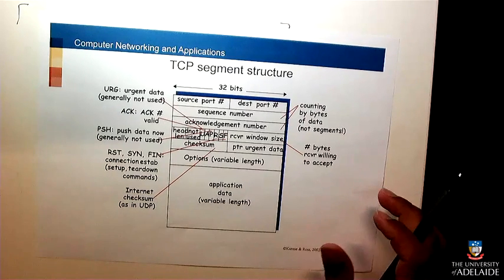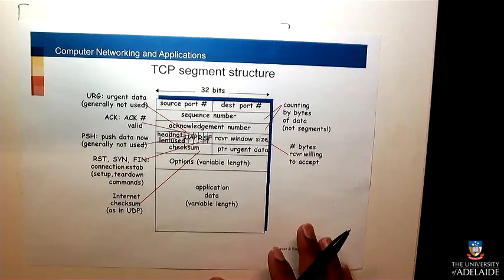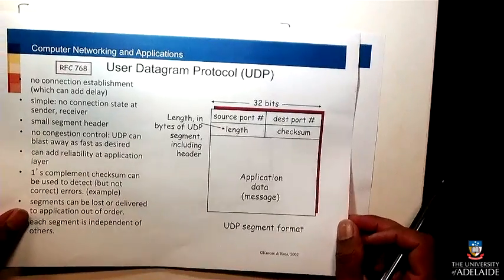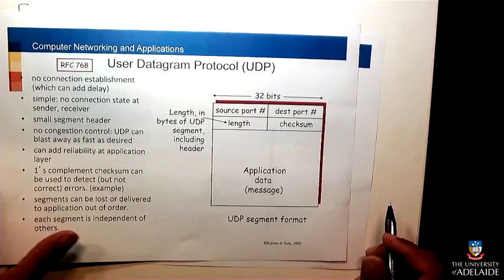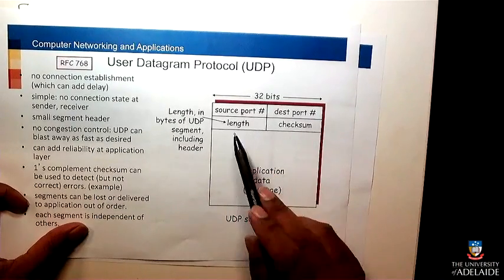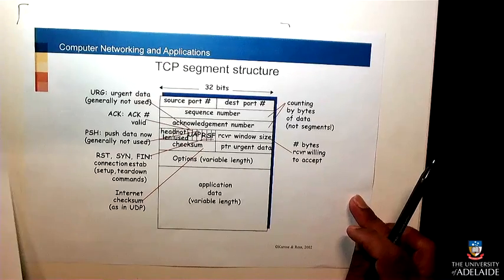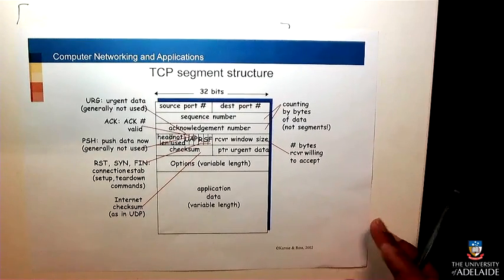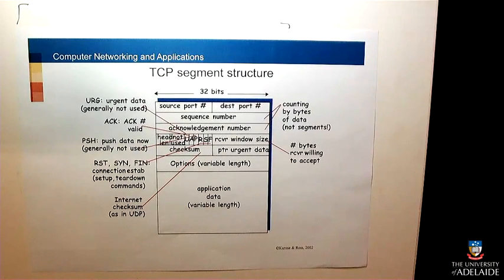So the TCP packet header, just to recap, here's the UDP packet header. It's extremely simple: source port, destination port, length, and checksum. But TCP's is complex. So why does it need all that stuff? Simple, because it has to do connection establishment, connection termination, and it has to do reliable transport.